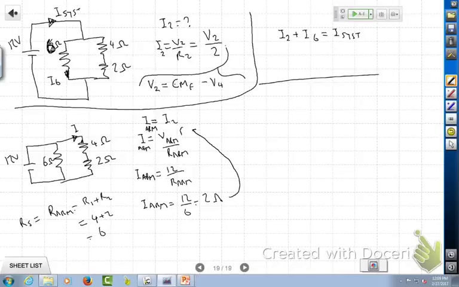So therefore, I2 is equal to 2 amps. So what do you feel about that? And yeah, that's probably the easier way. You can do it the long way too. There are other ways to solve the problem.